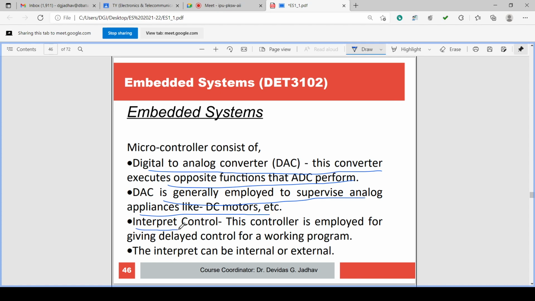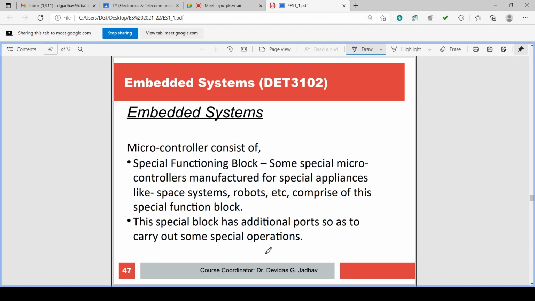So this is an interrupt controller. The microcontroller is employed for giving delay control for the working program, and an interrupt can be internal or external. An interrupt interrupts the main program and executes the subprogram or interrupt routine.